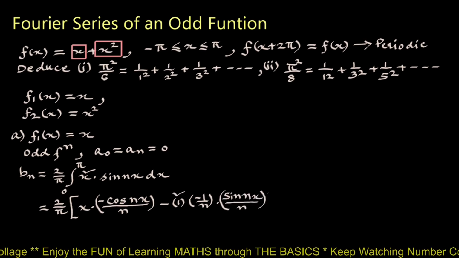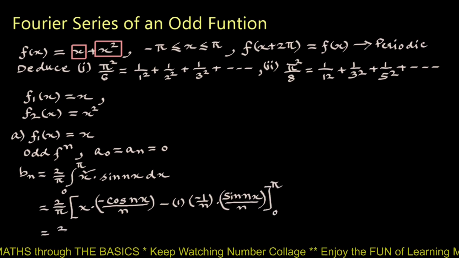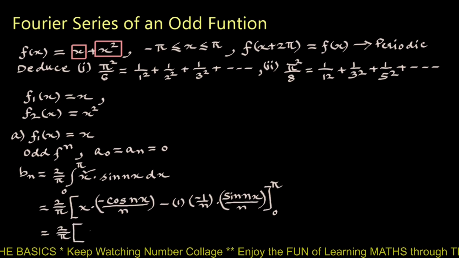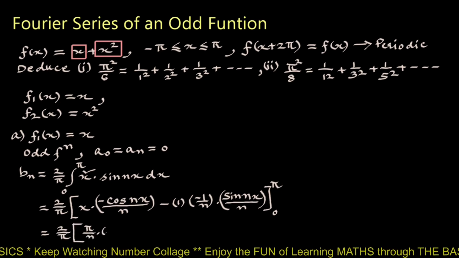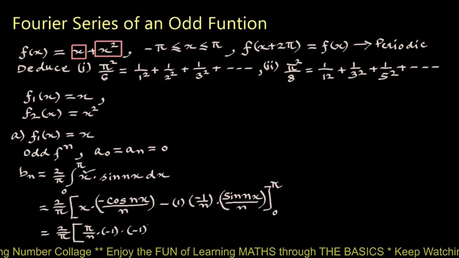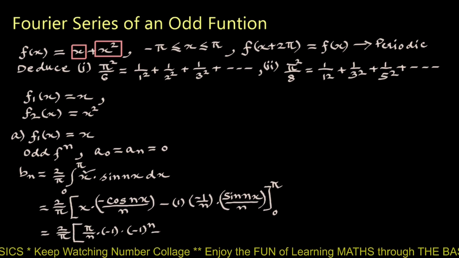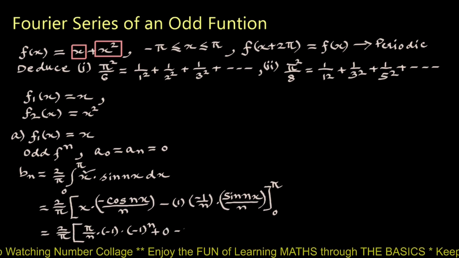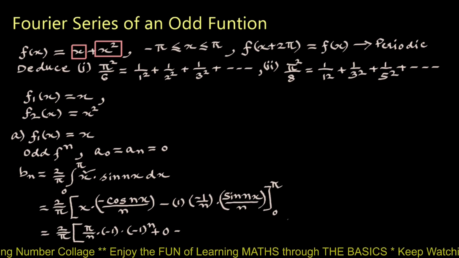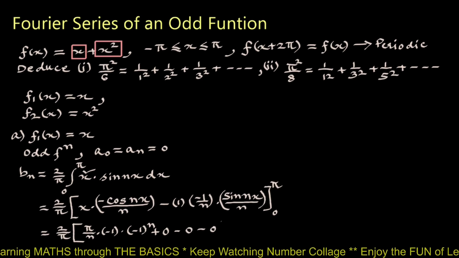Derivative of 1 is 0, so we have to stop here. From 0 to pi, 2 upon pi, putting the upper limit, pi upon n into minus 1 into cos n pi, which is minus 1 to the power n. Sin n pi is 0, so the second term is 0, minus, putting the lower limit 0, 0 minus sin 0 is 0, 0 again.